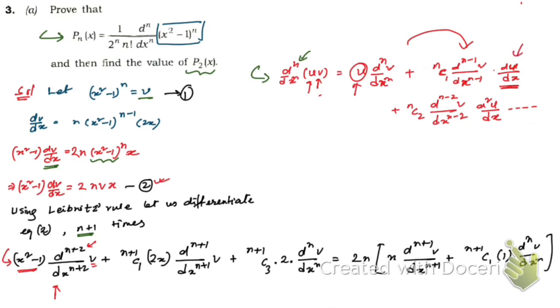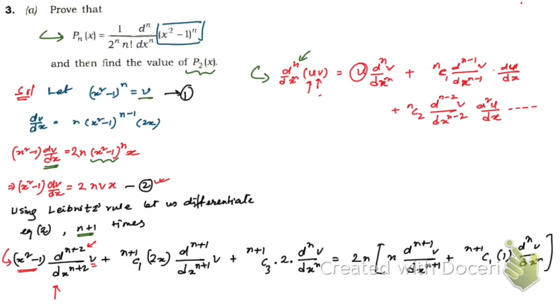In the next term we differentiate it twice, and so on, right? And if you have differentiated v n times, in the next term you should differentiate it n minus 1 times. That means the order of the derivative will decrease by 1 in each step, and for u, the first function, it will increase by 1, right? So that is the logic we're going to apply here.